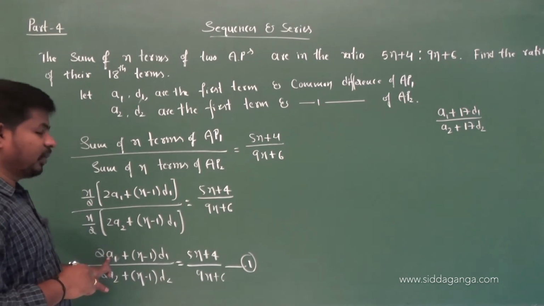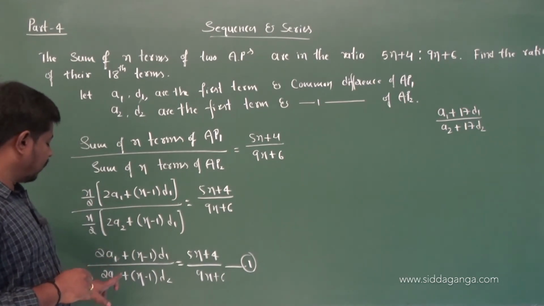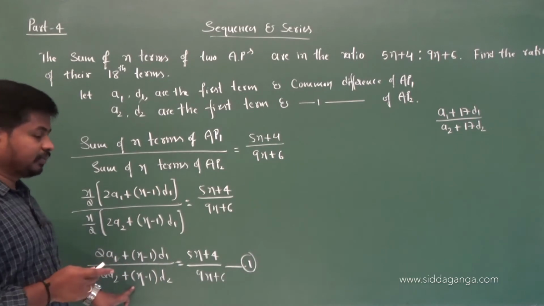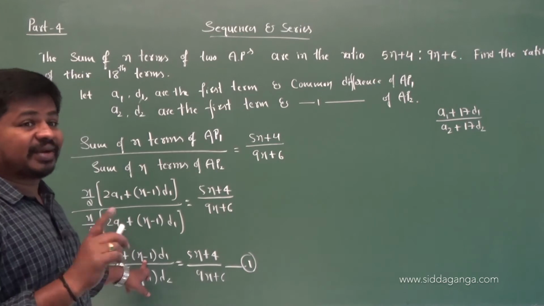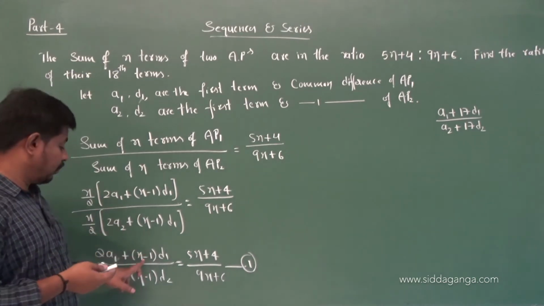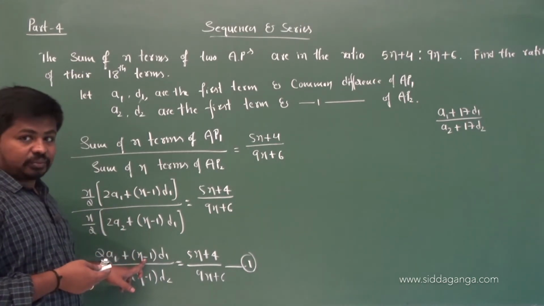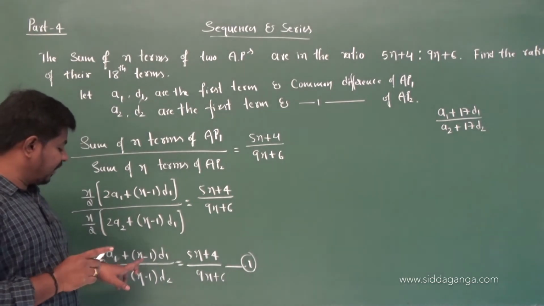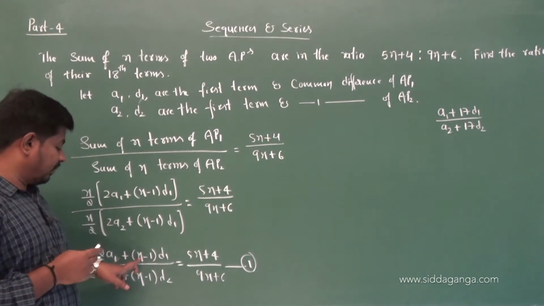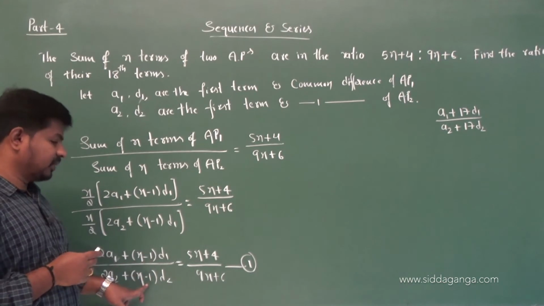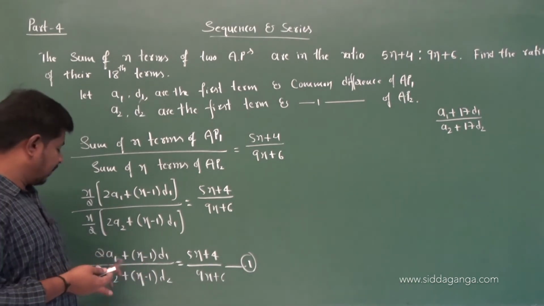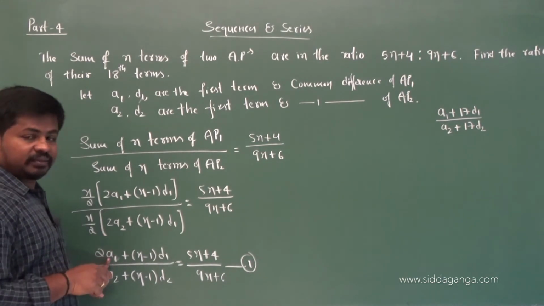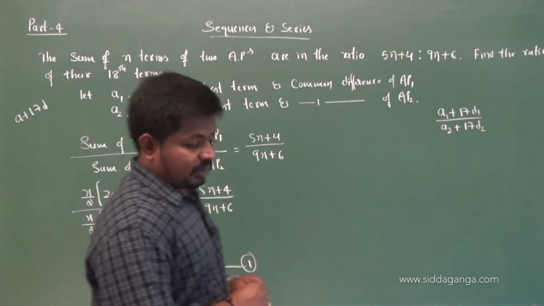So you have to divide both numerator and denominator by 2. But here we have 17, so it would become 17 by 2. So you have to take double of 17, you mean 34. If you take n equal to 35, n minus 1 becomes 34. Here also 34. 34 by 2, you will get 17. Here also by 2, so it gets cancelled, right?